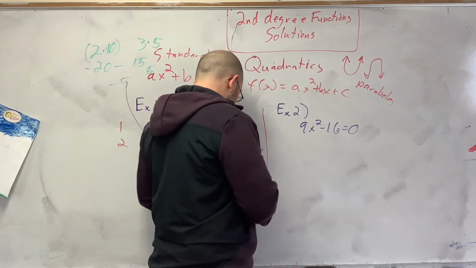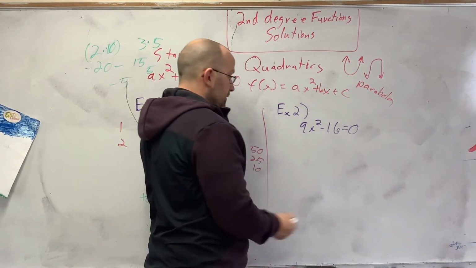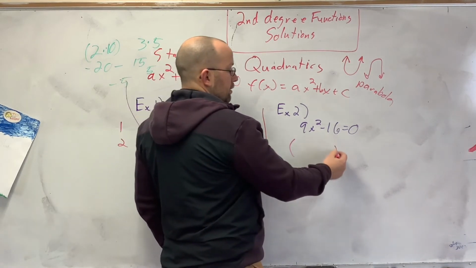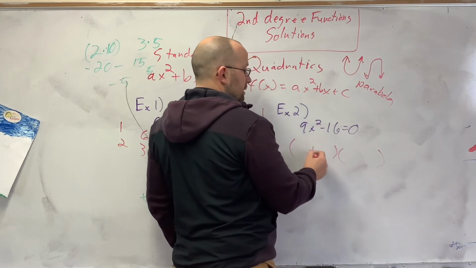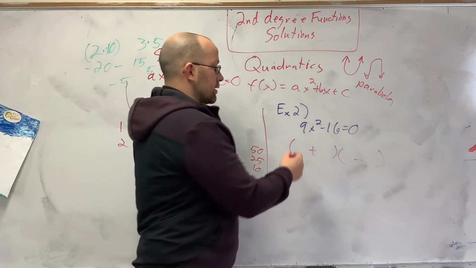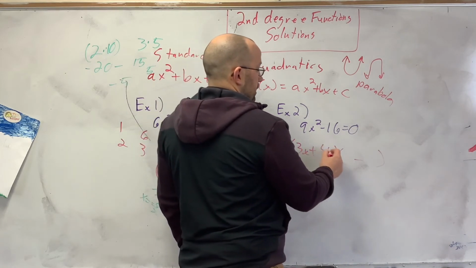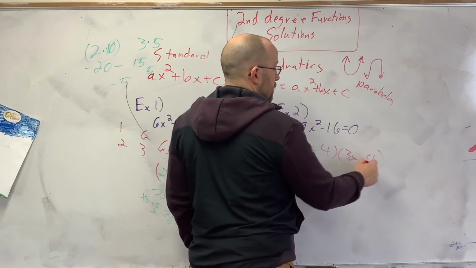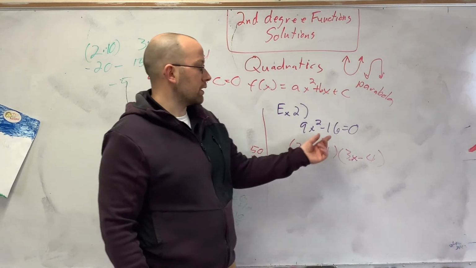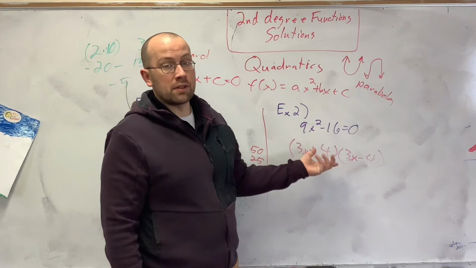Here's a special one, because it's a special case: the middle number is gone. When the middle number is gone, that means I have a positive and a negative, and they're going to be the same exact expressions. How do I know it was those numbers? Because when you have a special case and you're missing the b, that means the b was 0.